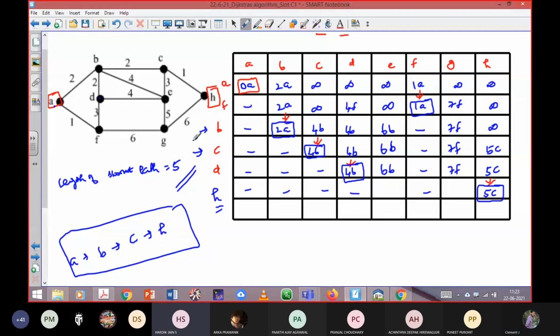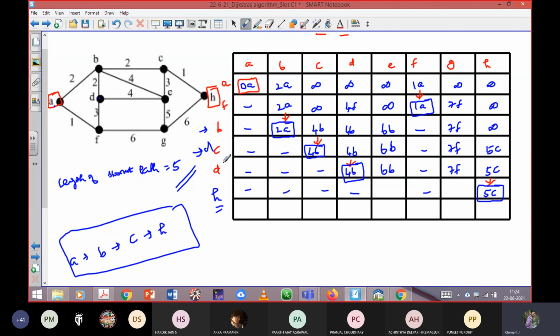Sir, if there are two shortest paths, what will happen, sir? Very good question. See here, even if you choose, as already one person said, either C or D, you are allowed to choose in this position, like after the B vertex in this particular row. You could have chosen D also, not a problem.